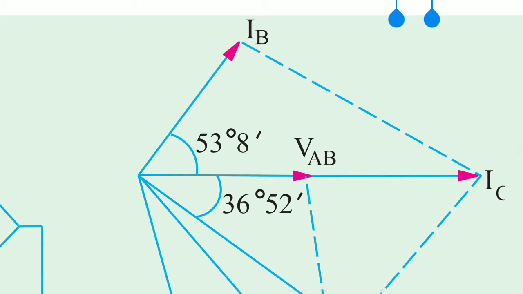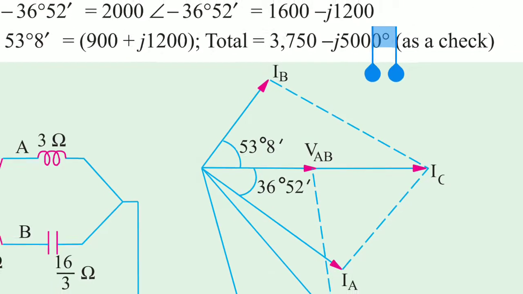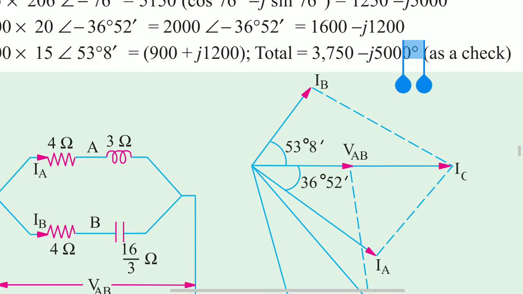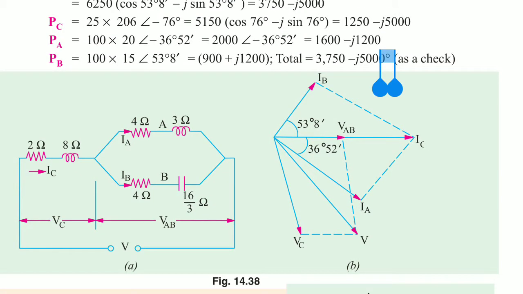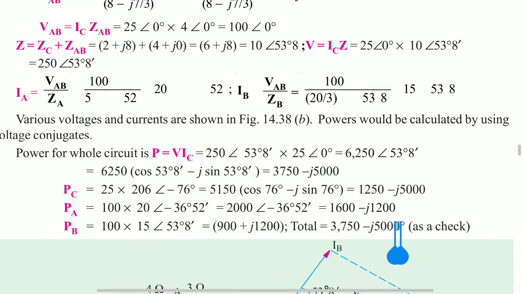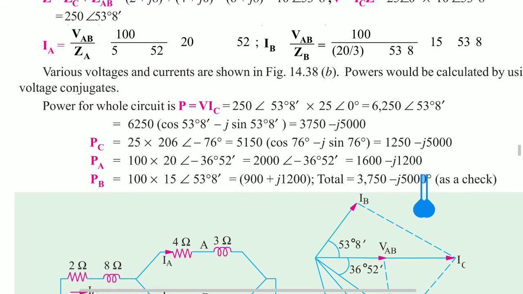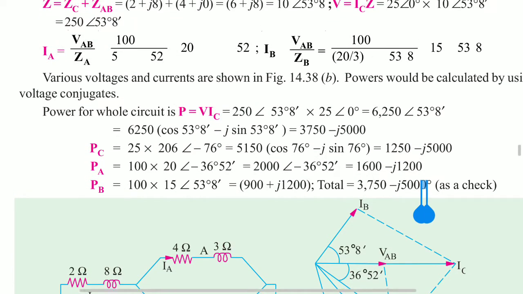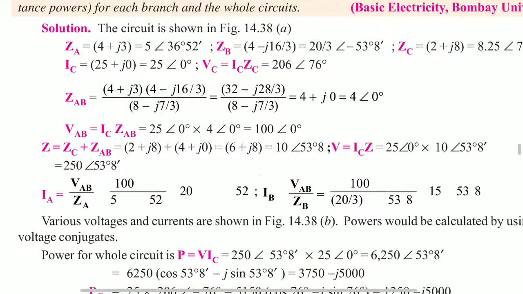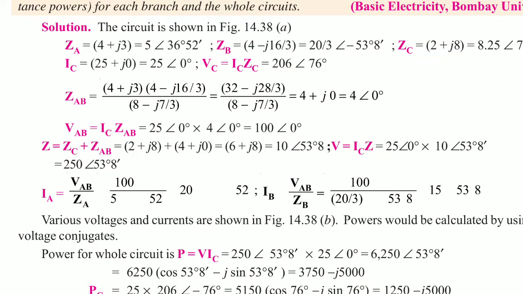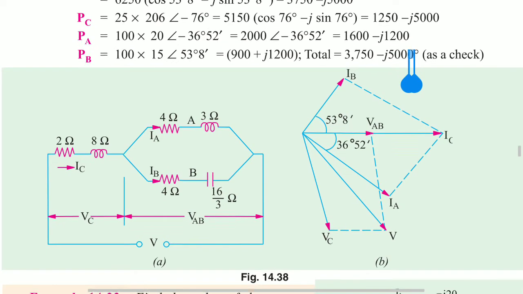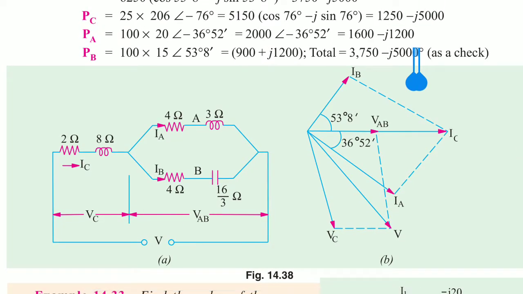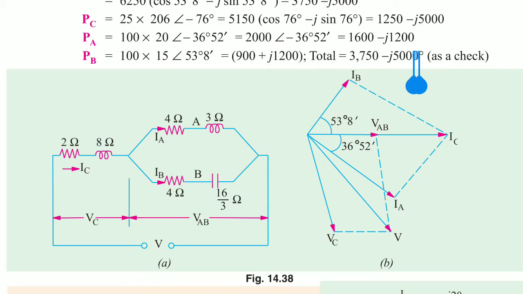Now the next one is IA equal to 20 angle of minus 36 degrees 52 minutes. Here minus 36 means it is drawn in the fourth quadrant.